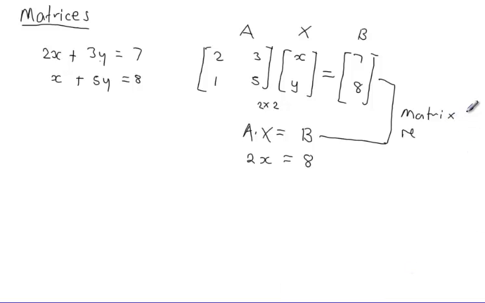The matrix form of representing a system of equations. In other words, something which was as cumbersome as this, I just represent simply, like 2 times x equals 8. Just say A times x is equal to B. We understand now?